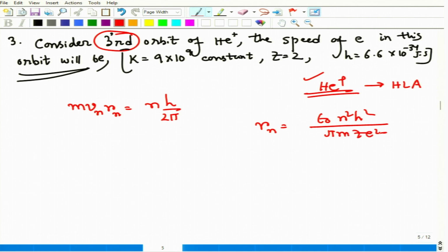This was the Rn. Okay, now you can use it. Then Vn will be nh divided by 2 pi m of Rn.